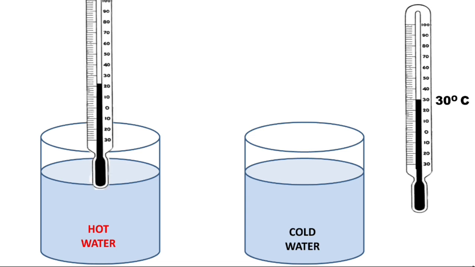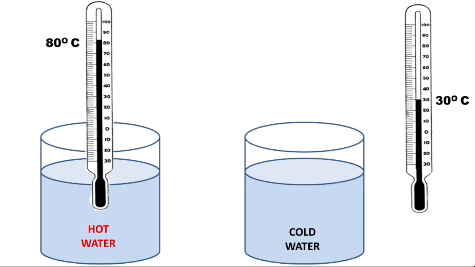Keep the thermometer in hot water. When you keep the thermometer in hot water, the mercury level rises because the energy got transferred from the hotter body, hot water, to the colder body, thermometer. Observe the mercury level and note the reading.